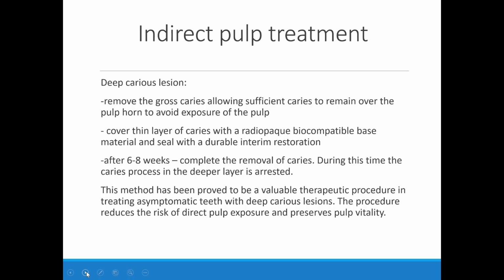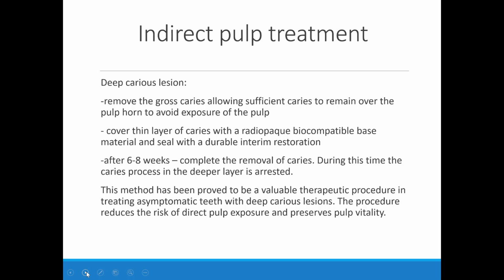Just after 6-8 weeks or up to 6 months, we should perform complete removal of caries. During this time, the caries process in the deeper layer is arrested, and this method has been proved to be a valuable therapeutic procedure in treating asymptomatic teeth with deep caries lesion. The procedure reduces the risk of direct pulp exposure and preserves pulp vitality.